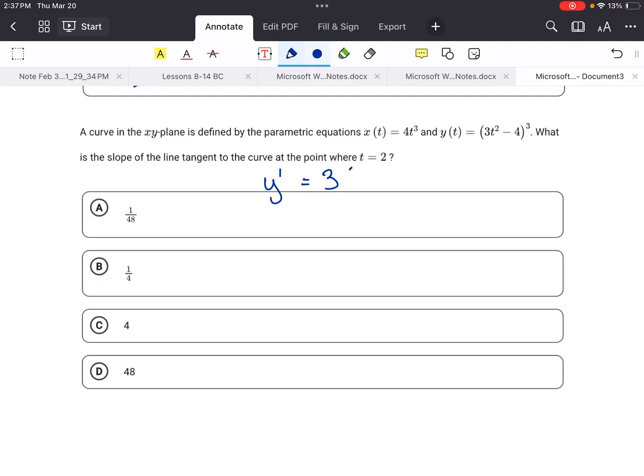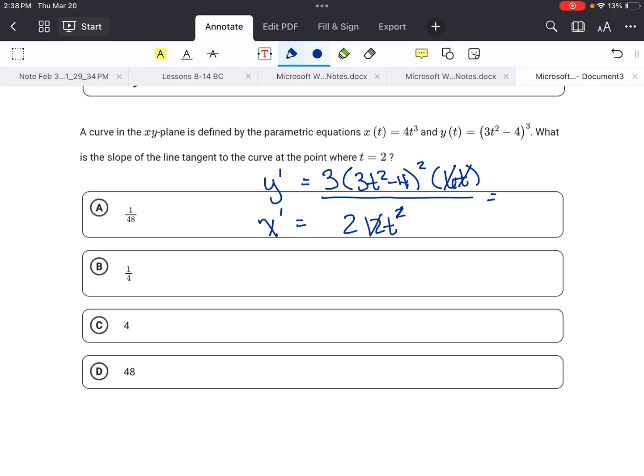So chain rule again, derivative of the outside, leave the inside alone, times the derivative of the inside, and then derivative of x is going to be 12t squared. So I can reduce 6 and 12. I can cancel out a t, so I've got 2t on bottom.